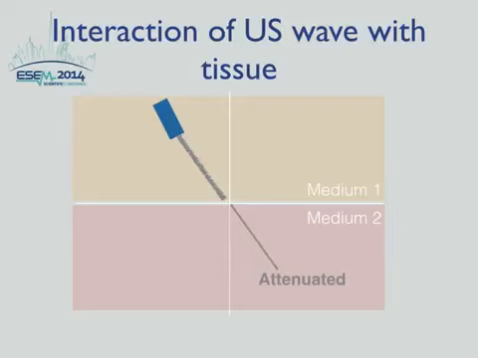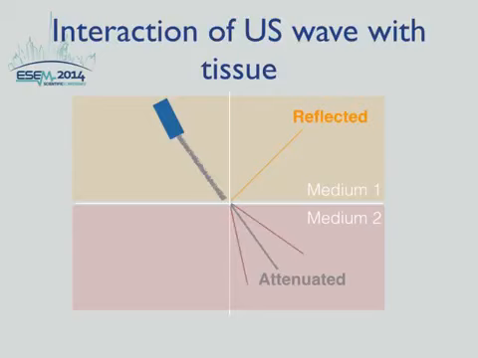The sound wave can also be reflected. The reflection occurs when part of the sound wave is reflected back to the transducer and is detected as an echo. The time taken for the echo to travel back to the transducer is measured and is used to calculate the depth of the tissue interface causing this echo.